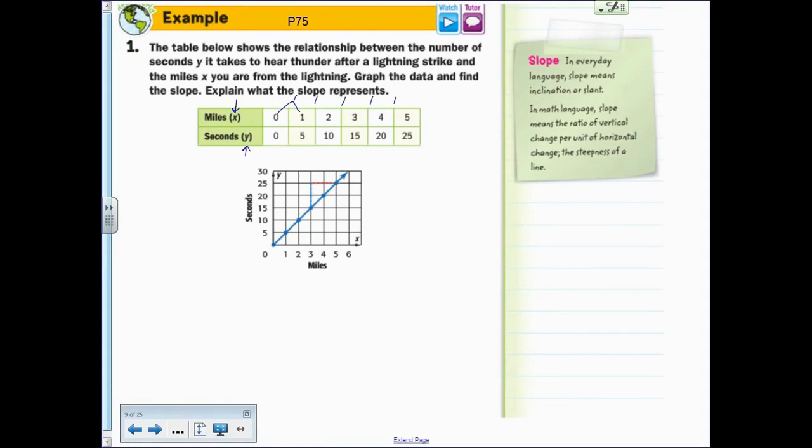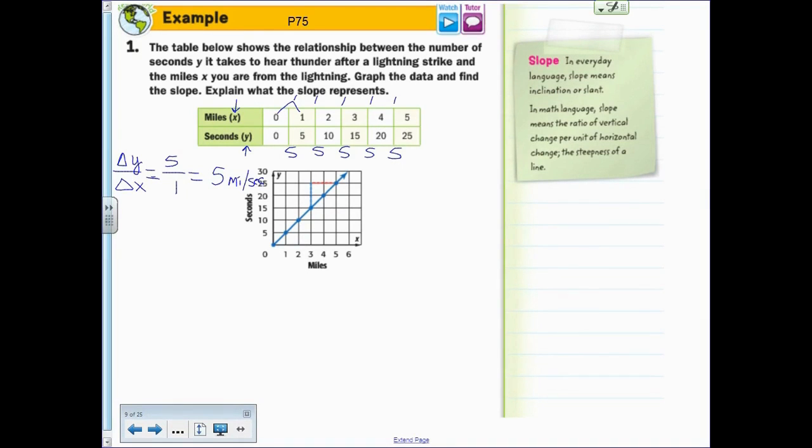My y numbers, they're going up by 5s, 0, 5, 10, 15, 20, 25. So I can say my change in y is 5, while my change in x is 1, which would give me a constant rate of change of 5 miles per second.